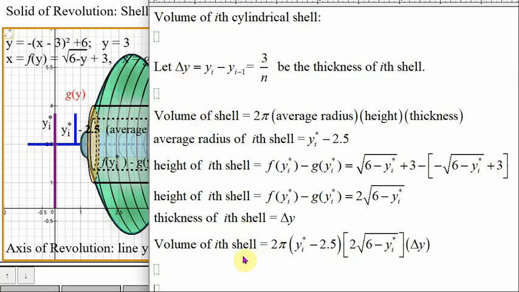The volume of the ith shell will be 2 pi times the average radius, times the height, times the thickness. Since the thickness is the same for all shells, we don't need to write delta y sub i. So this is the volume of the ith shell.